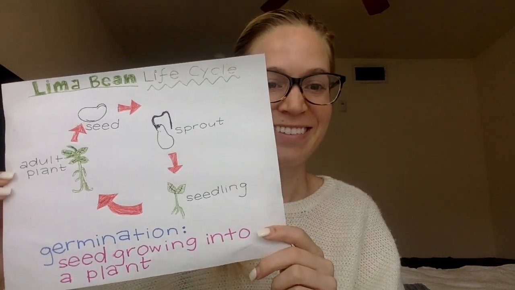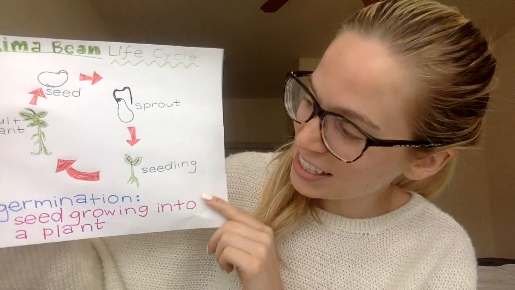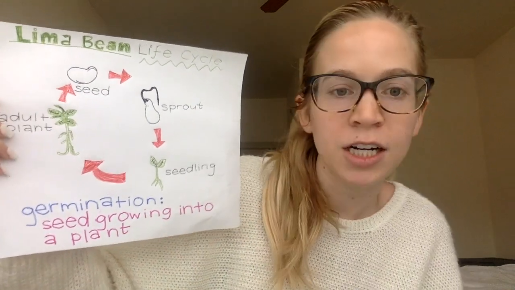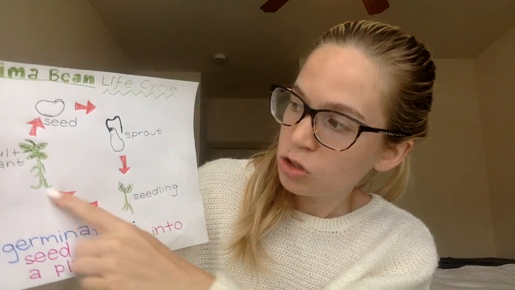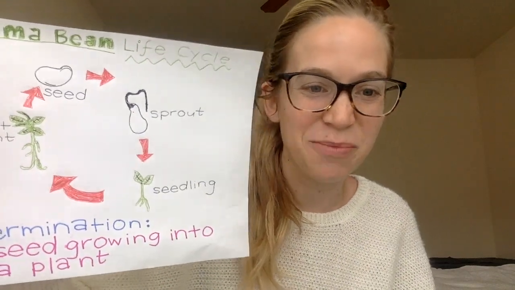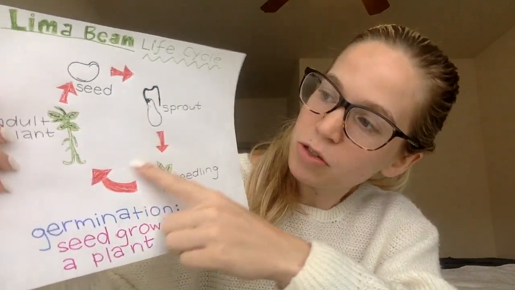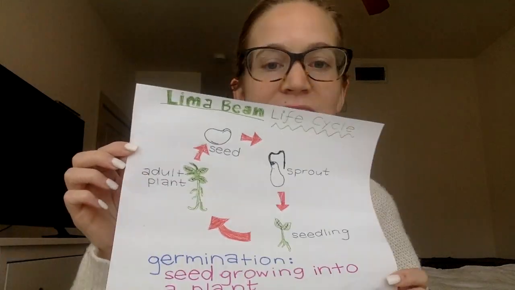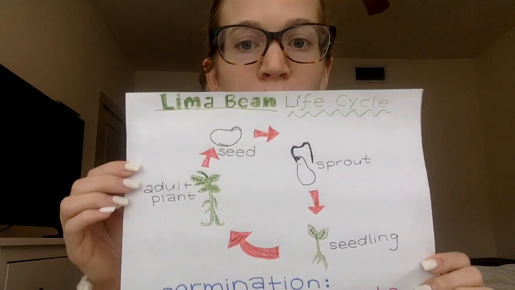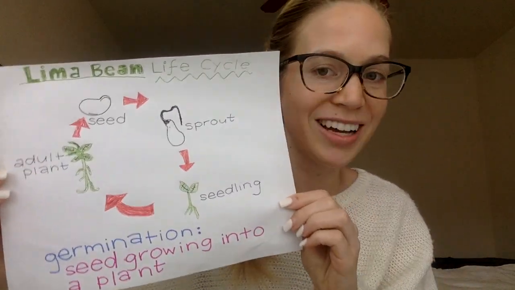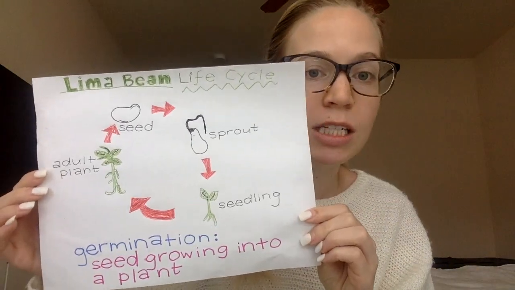Germination. Very good. Now, as you can see, I wrote the definition here. Germination is just growing from a seed to a plant. That is what we call germination, growing from a seed to a plant, as we have shown in this lima bean life cycle.